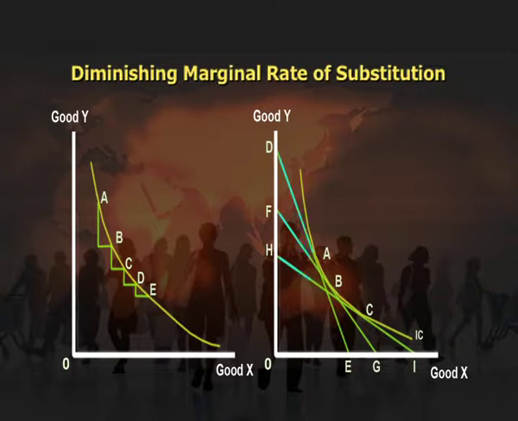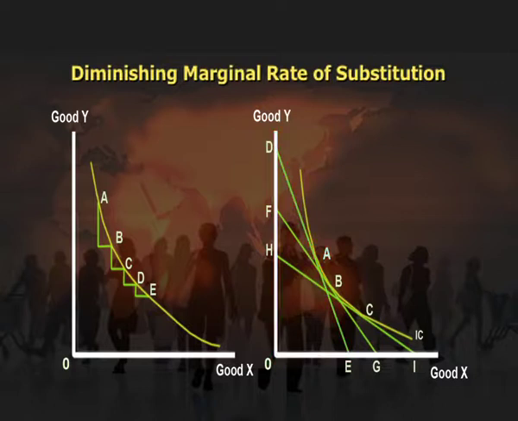In this diagram, three tangents D, E, F, G and H, I are drawn at points A, B and C respectively on the given indifference curve. The slope of tangent DE is equal to OD divided by OE. Hence, the marginal rate of substitution of X for Y at point A is equal to OD divided by OE.